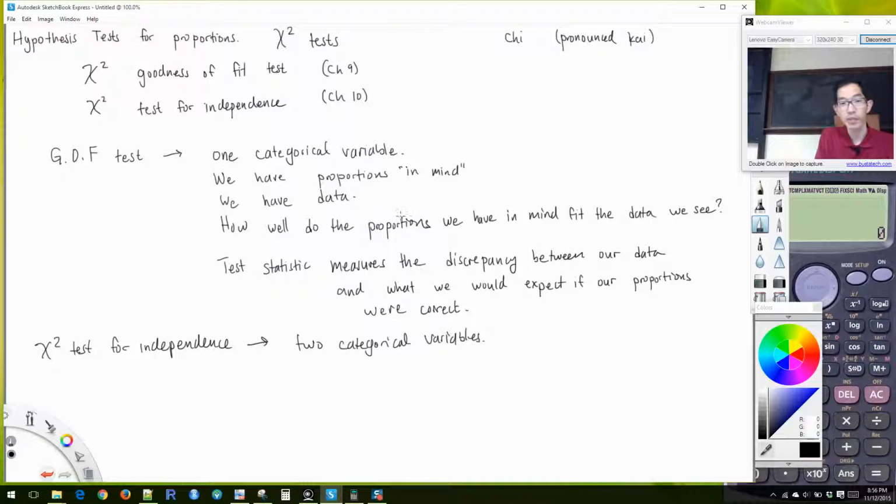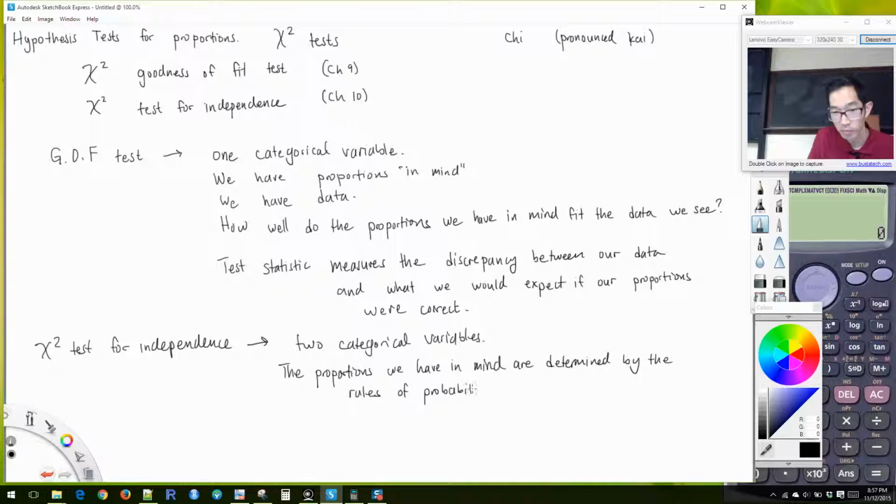And the proportions we have in mind are determined by the probability rules regarding independence, specifically the rules about independence.